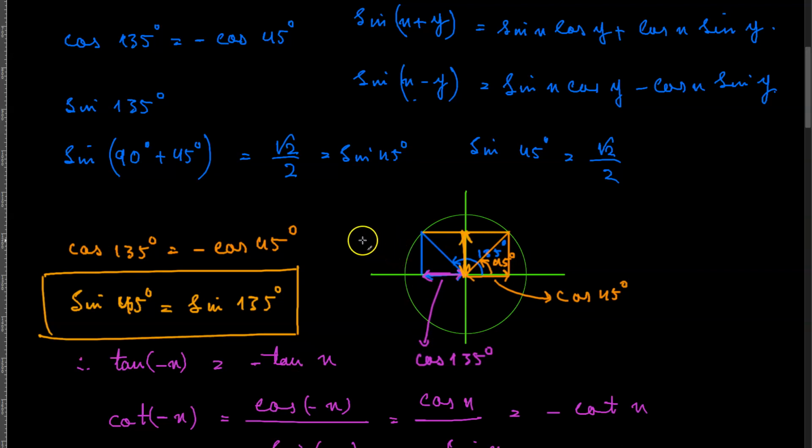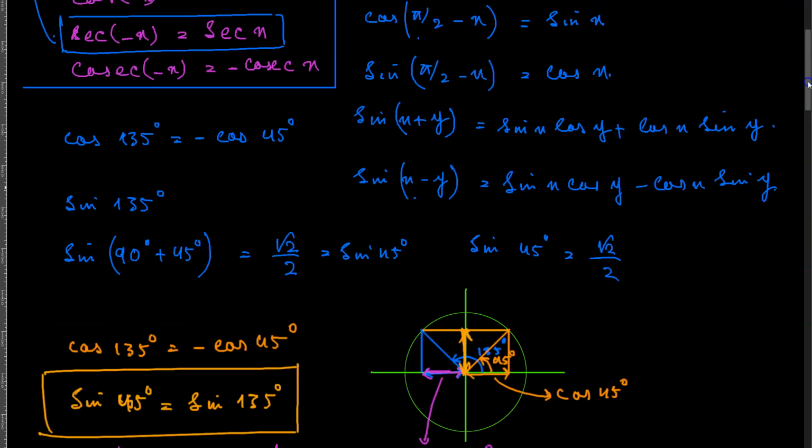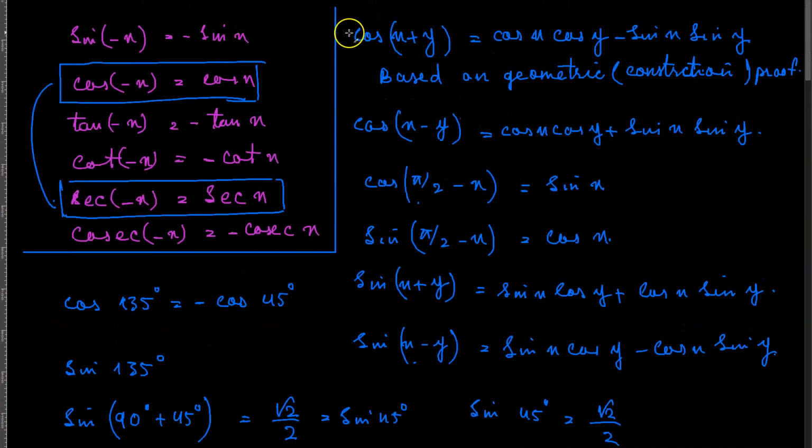And of course, there is a ton of things that you can do with these formulas. Of course these two are not that important, you can derive them based on these formulas.